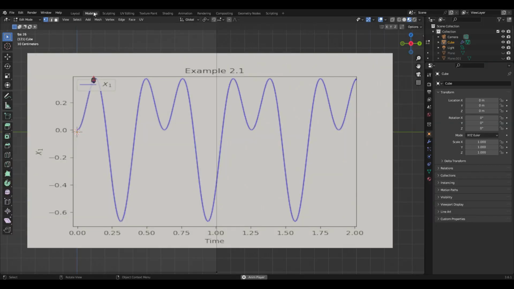And the single degree of freedom system, you can go to a previous video that I made and see the derivation and how that's all set up. It's pretty easy to change it to add forcing, and it's pretty easy to add this nonlinearity in there and get this kind of crazy looking behavior.